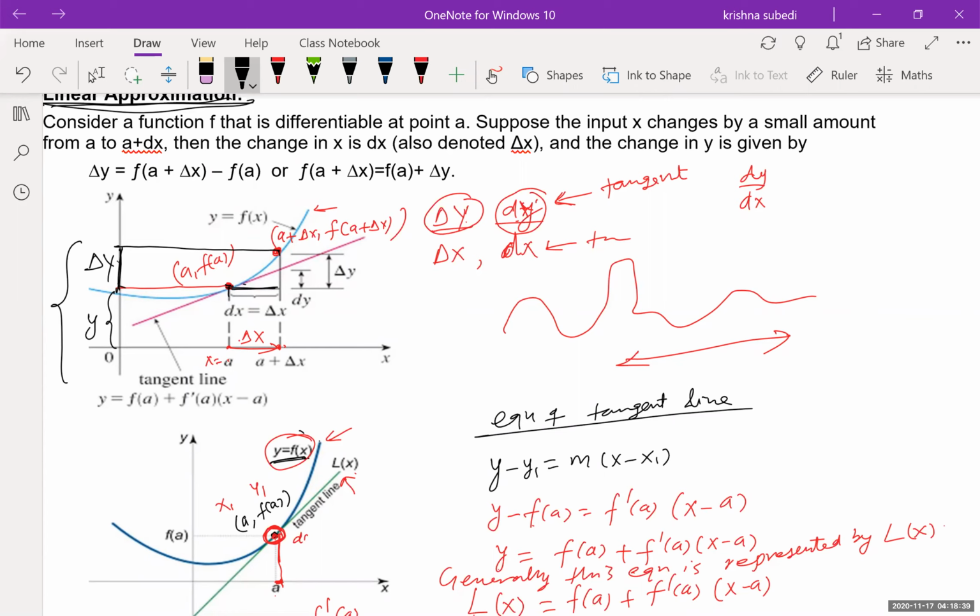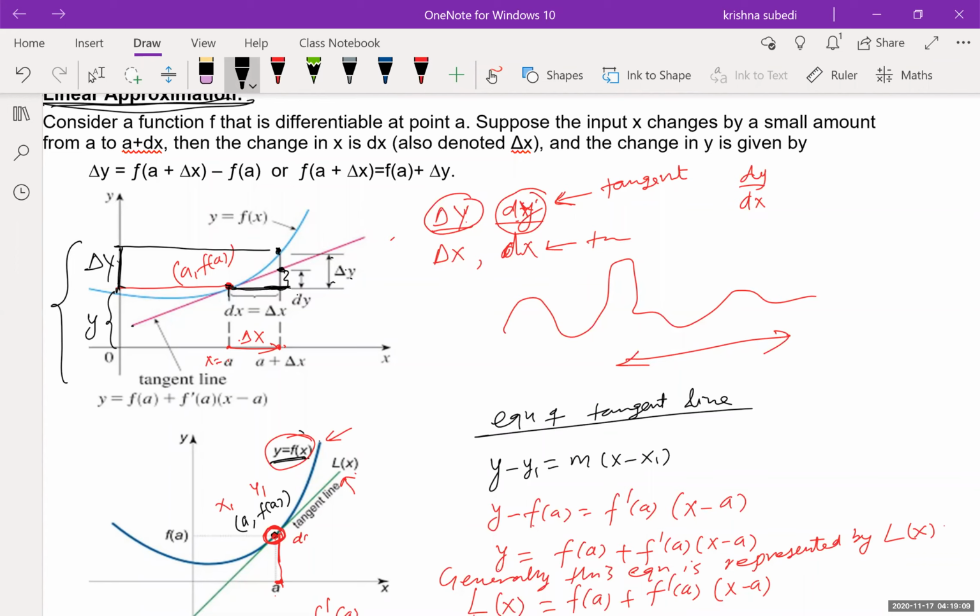So looking at this figure, the actual change is this. This is delta y. And if I draw a tangent line, as you can see, then from here to here, this is your dy. From here up to the tangent line is dy, up to the function is delta y.